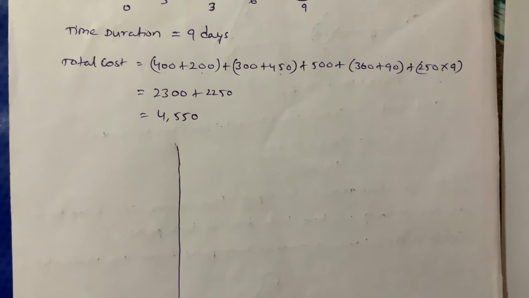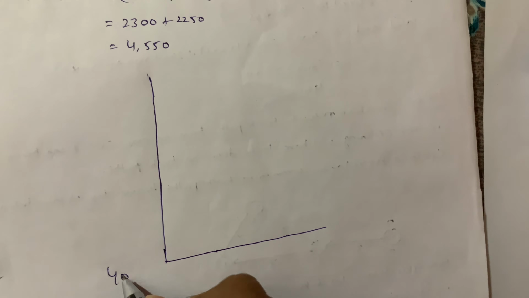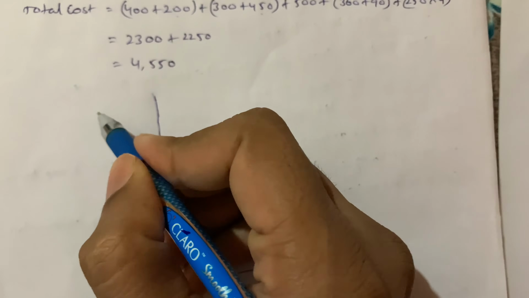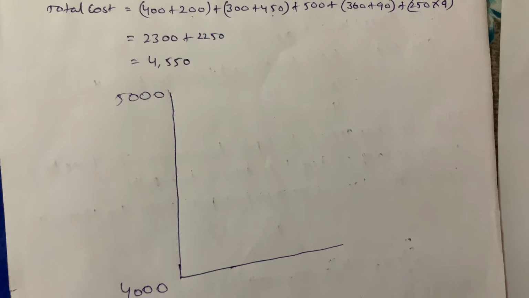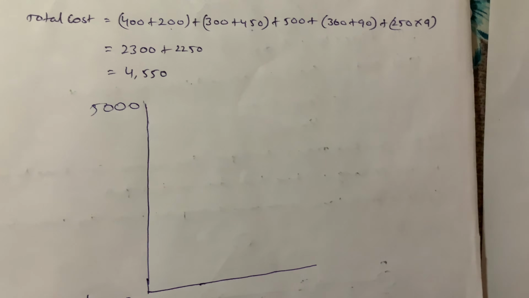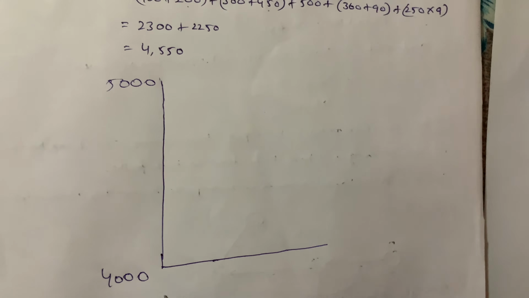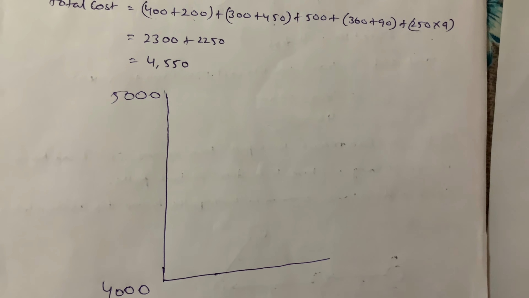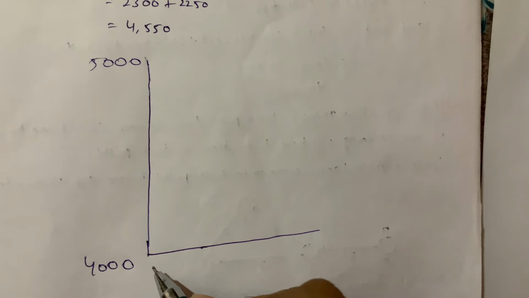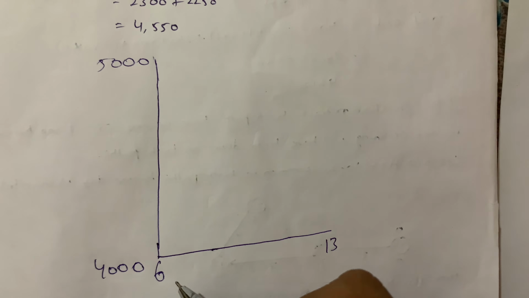So for this I am taking y-axis 4000 to 5000 here, okay, and x-axis, that is time in days. So we have time in days, least time is 6 to 13 I am considering.